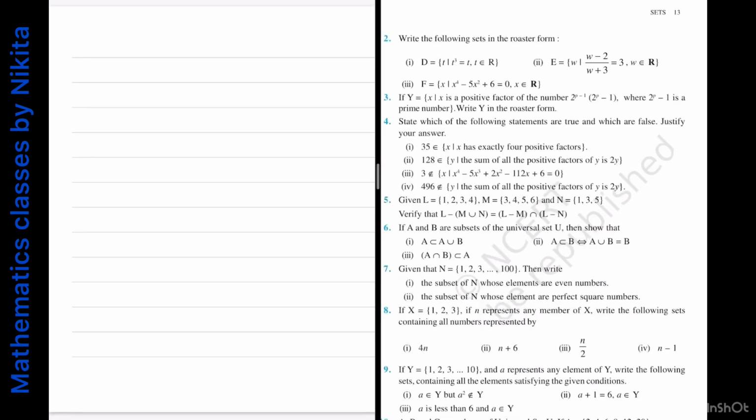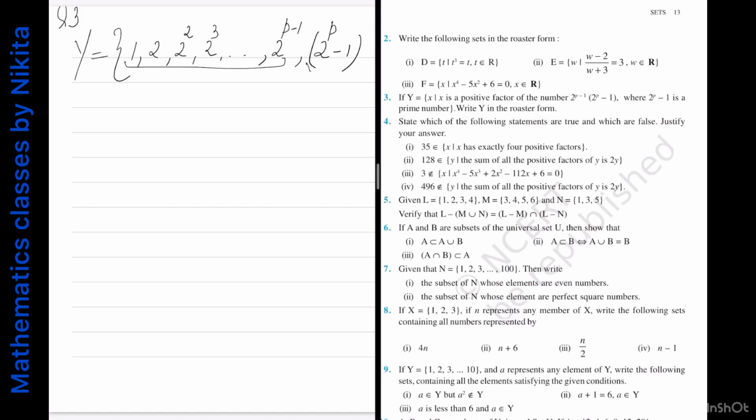Now see, if you remember, we have written the set y to be equal to 1, 2, 2 square, 2 cube, and so on up to 2 to the power p minus 1, and then I have written the factor which is the prime number 2 to the power p minus 1. But some more factors will be there, and those factors will be of the form, now you have to take these one by one and multiply with this number.